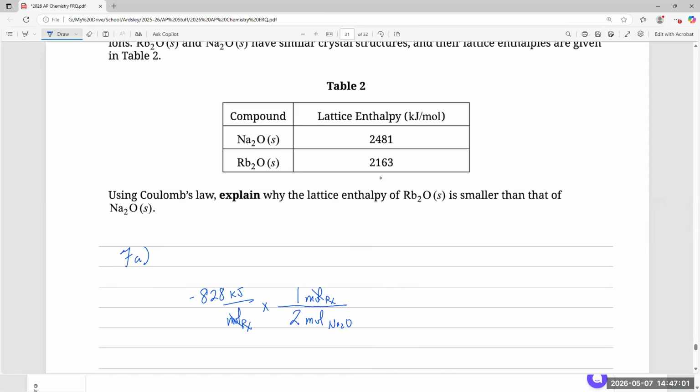Because they want it for sodium oxide, this gives you negative 414 kilojoules per mole. So the answer would be negative 414 kilojoules per mole. You're done.